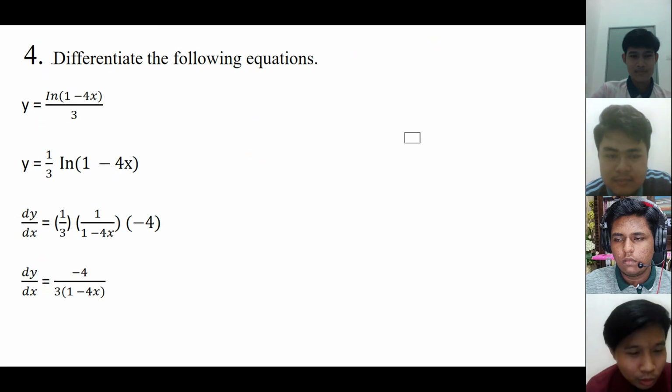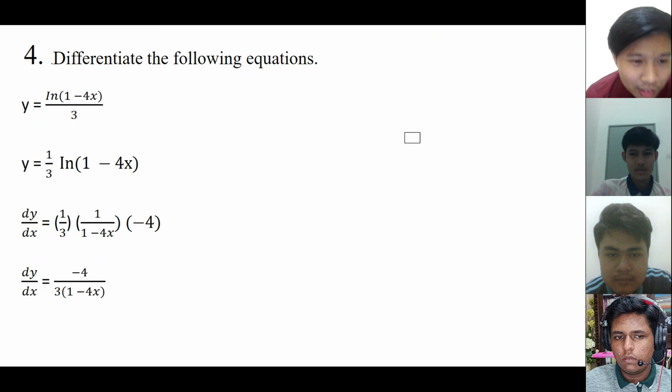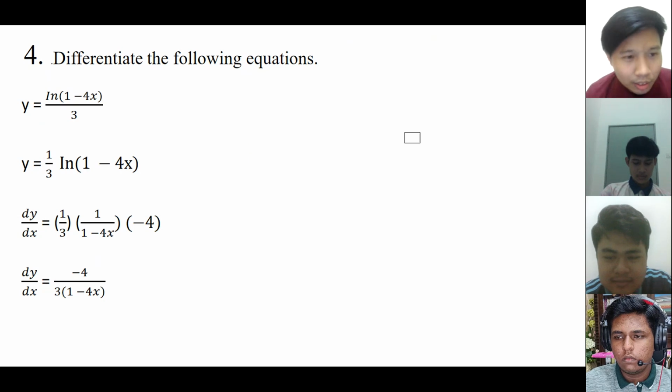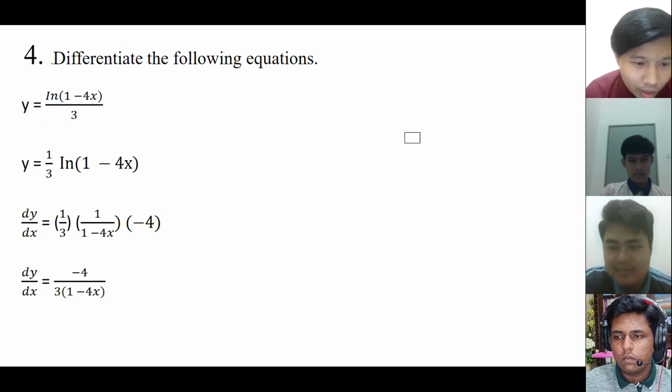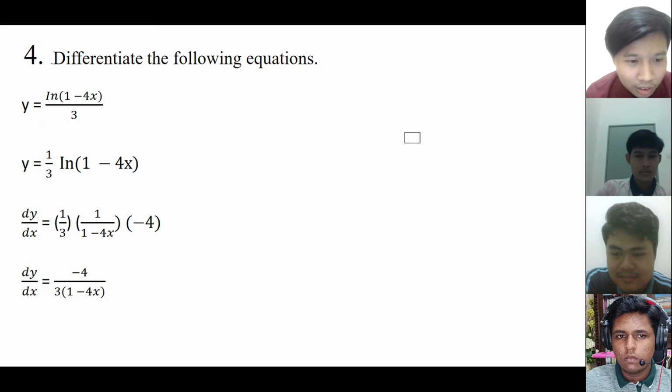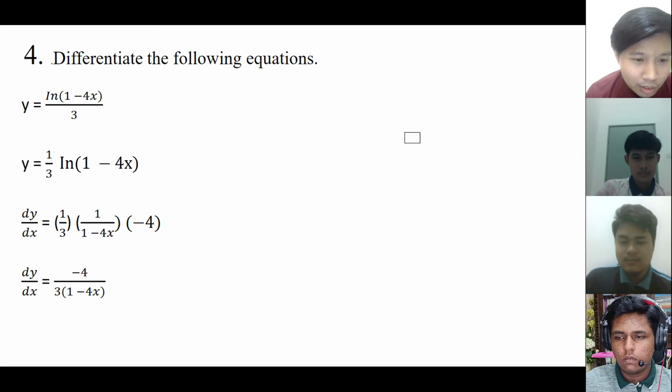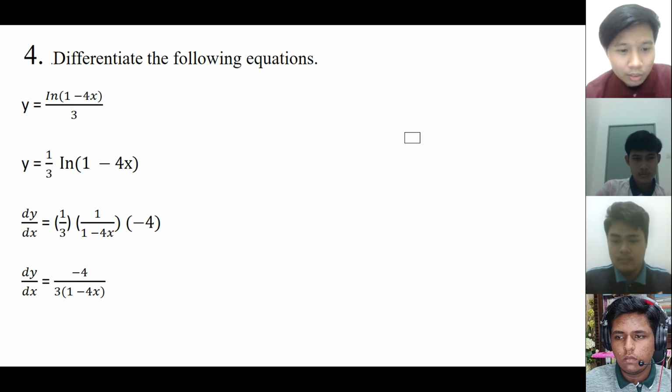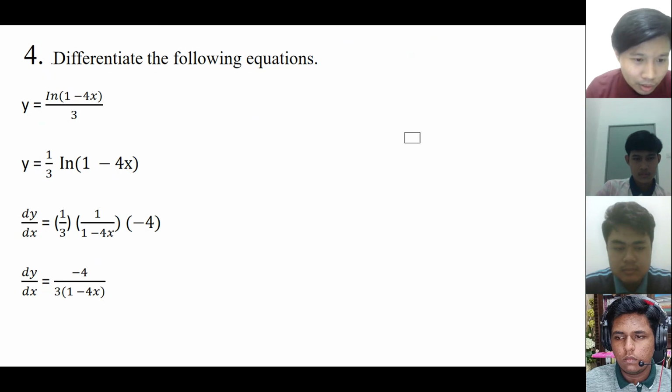y equal to ln bracket 1 minus 4x divided by 3. You can get y equal to 1 over 3 ln bracket 1 minus 4x.